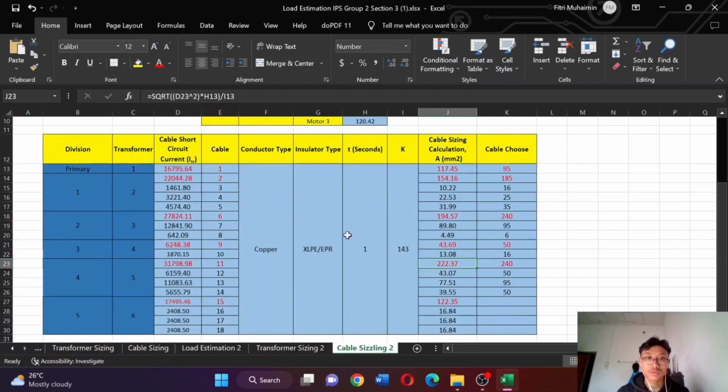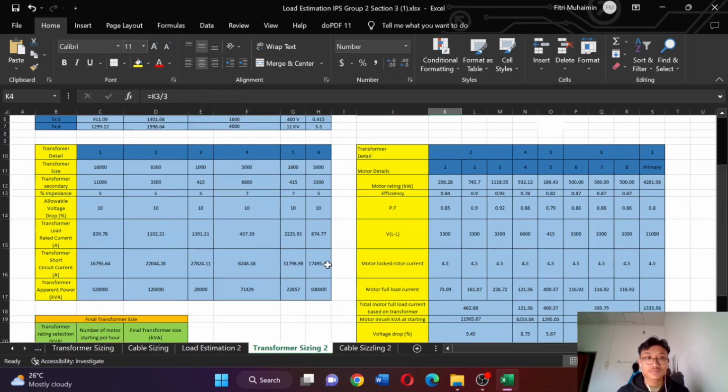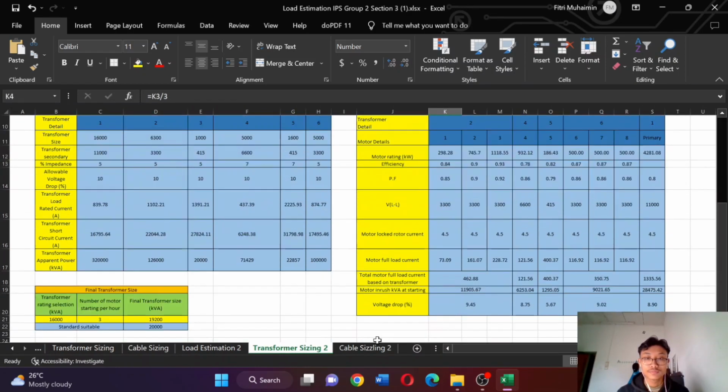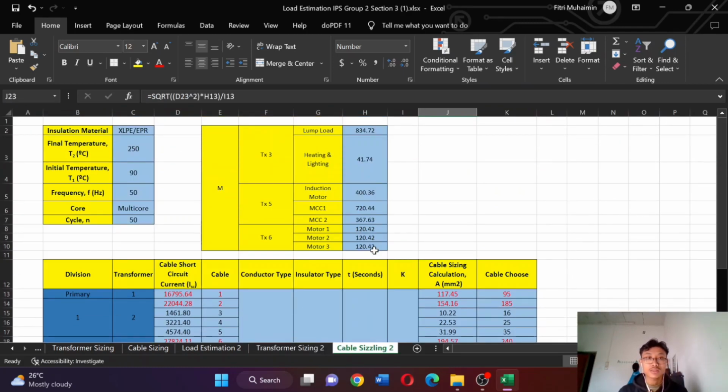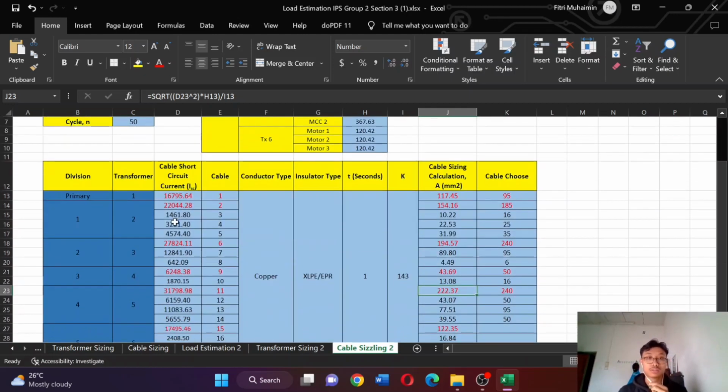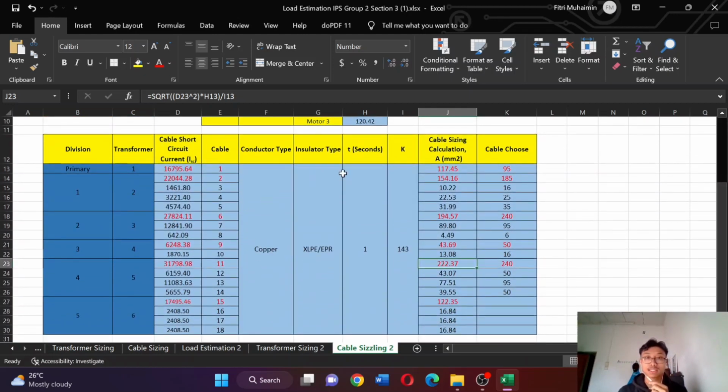So we go to the increment. The type of cable that we choose is the same, copper, XLPE, EPR. Basically it's all the same, the same size.